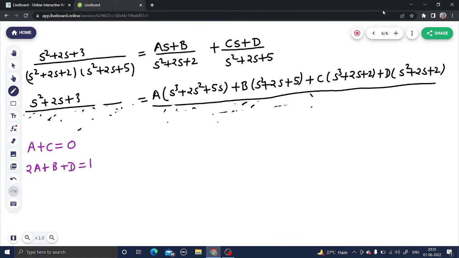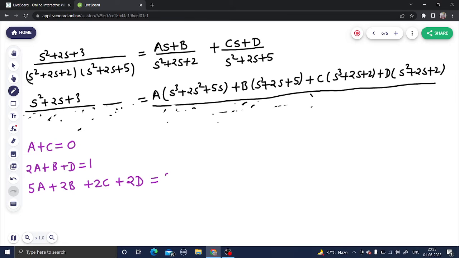And now compare the coefficient of s. If we compare the coefficient of s, it is 5A here, 2B here and 2C here, and we are getting 2D at the last.